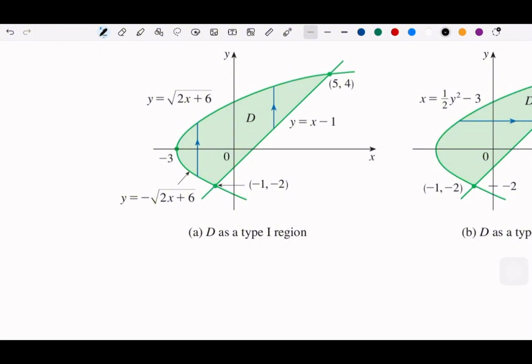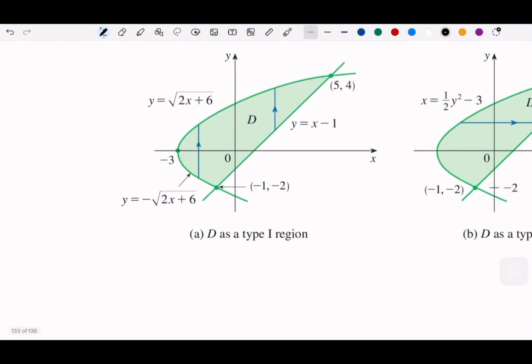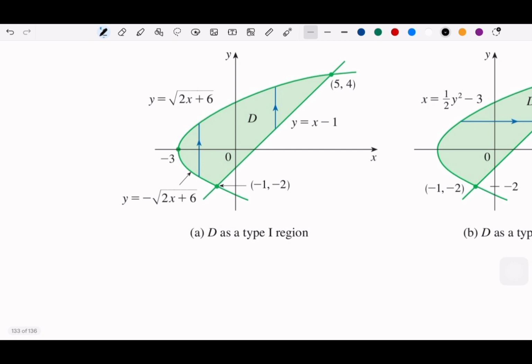So to fit our equations, we need to split this into two regions. So we have region 1 and region 2.